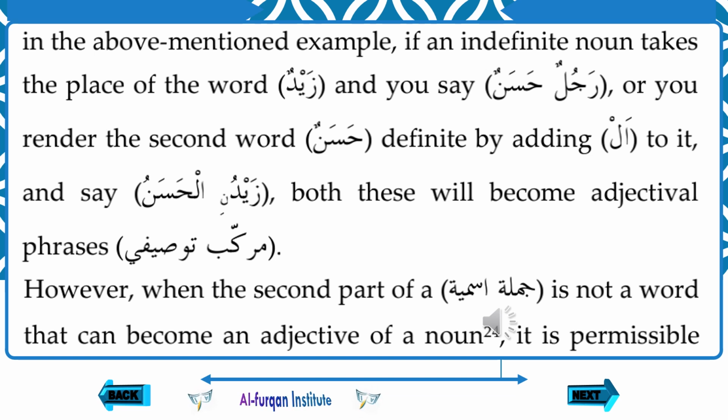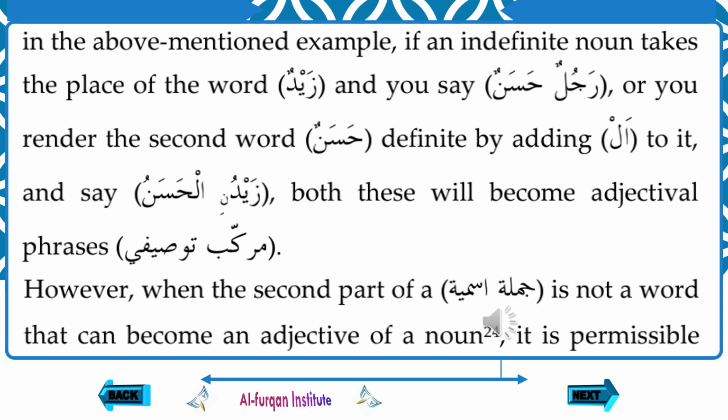However, when the second part of a jumla ismiya is not a word that can become an adjective of a noun, it is permissible for the second part also to be definite. That is ana yusuf. Yusuf here is not a word that can become an adjective. It's not all words that are adjectives.